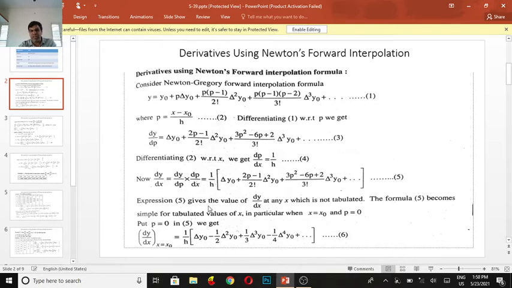Expression 5 gives the value of the first derivative dy by dx at any x which is not tabulated.